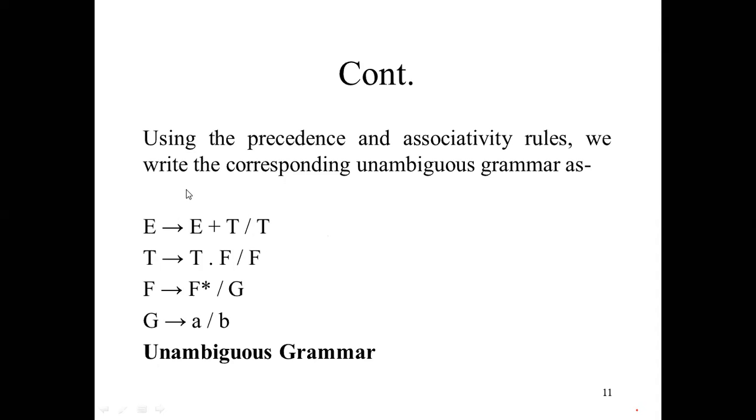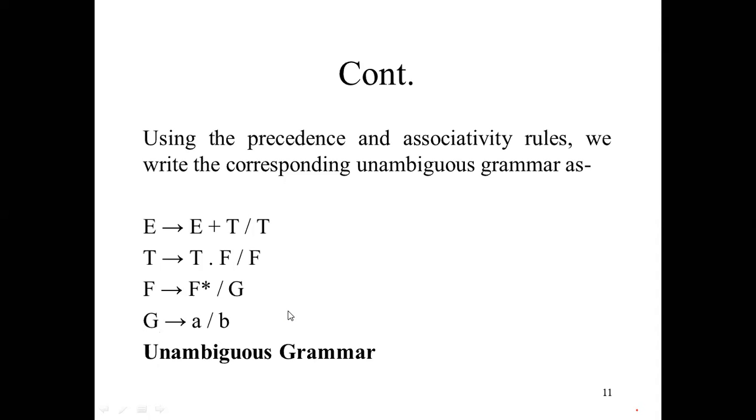The given grammar was r dot r plus r and so on, but this is the fixed grammar for compiler design. Then we write the corresponding unambiguous grammar. If we follow this grammar, it is called the unambiguous grammar. We must follow the rules and regulations that are inbuilt in the compiler.